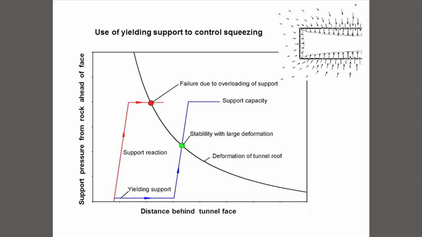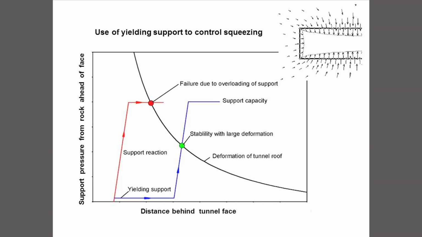So imagine that the face is being supported by the rock in front of it. Behind it, you've created a cavity, but the face is still close enough that it's providing support. And as you move away from it, that support becomes less and less. So your deformation increases in this direction as you move away from the face.